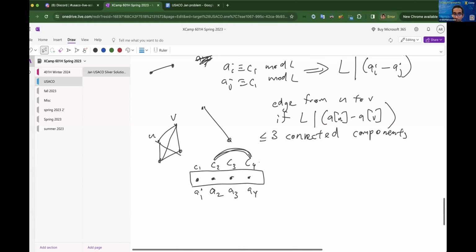So for any L, there exist 2 elements among the first 4 such that L divides AI minus AJ, for 1 less than or equal to I less than J less than or equal to 4.